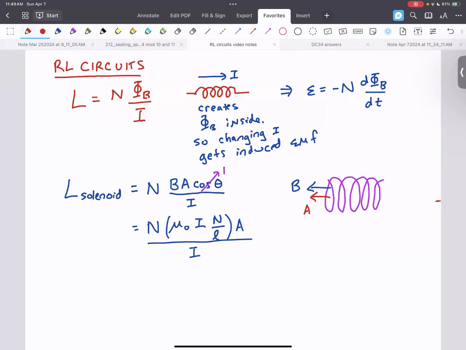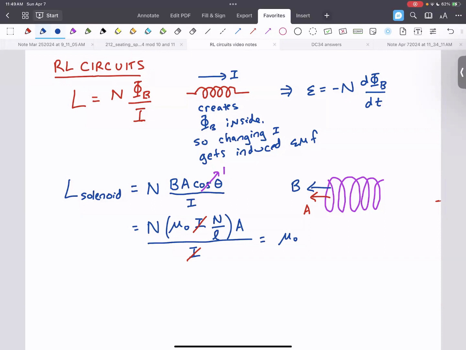We can now see that when we do this derivation, the current drops out, and the inductance of a solenoid becomes solely a property of the solenoid itself. So mu naught, meaning what's inside the solenoid. If it's air, then it's just mu naught. If it's iron, then it would be the mu of iron.